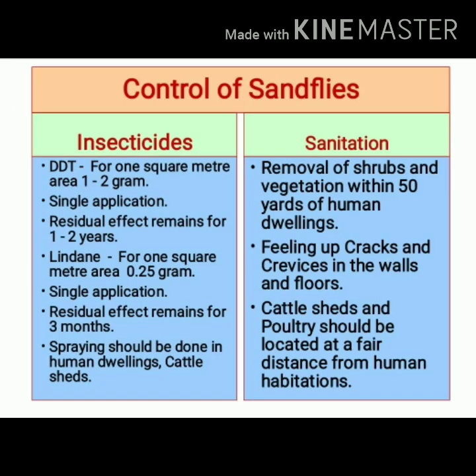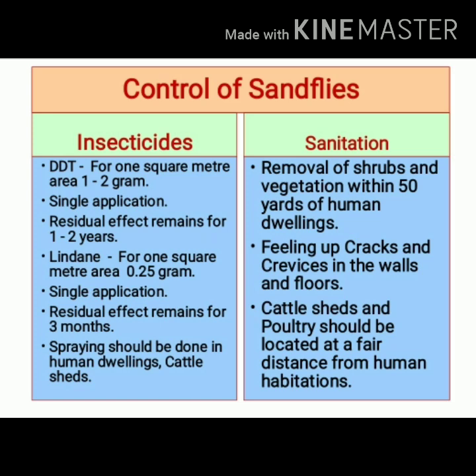Control of sandflies includes use of insecticides and sanitation measures. In insecticides, we can use DDT. For 1 square meter area, 1 to 2 grams of DDT can be used. Single application is recommended because its residual effect remains for the period of 1 year to 2 years.